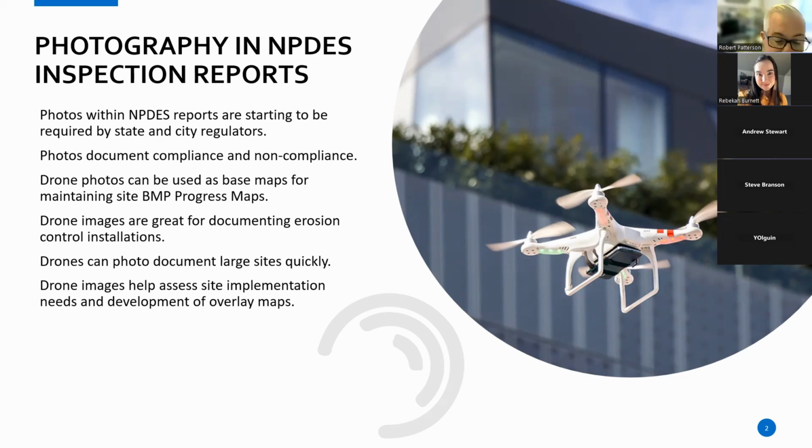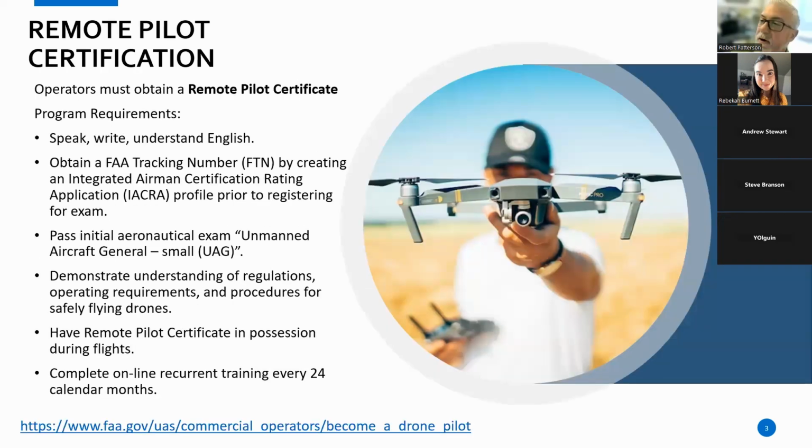So one would think you just go out, grab a drone, and start flying your site, but that's not the case. Especially if you're doing commercial work, you have to obtain a remote pilot certification. This program requires that you speak, write, and understand English.